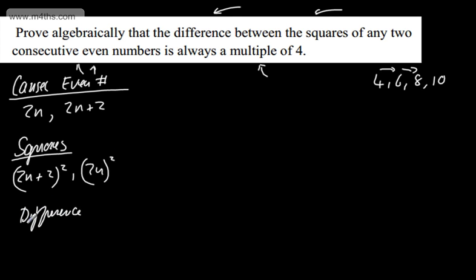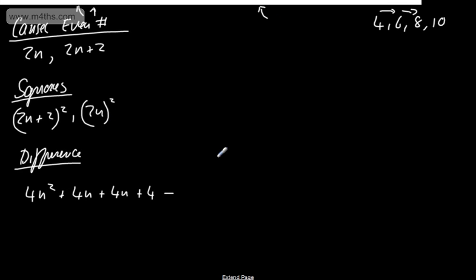If we look at the difference, expanding that bracket we have 4n squared plus 4n plus another 4n plus 4, and then we subtract from that the 2n squared, which is 4n squared. We can see the 4n squared and the 4n squared are going to cancel, one plus and one minus, so we can write this now as 8n plus 4.